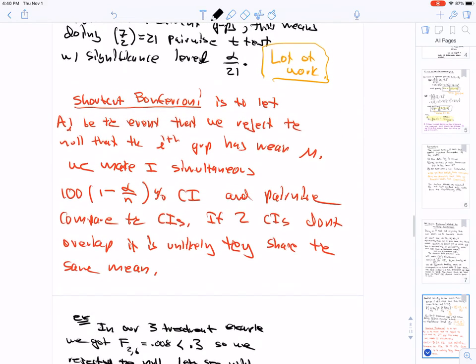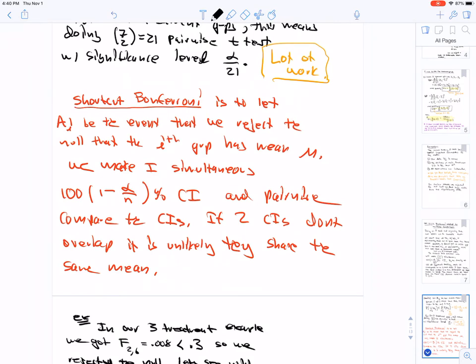So what I suggest we do is a shortcut Bonferroni method, which would allow us in this case to only calculate 7 confidence intervals. Here's how it goes. Let A_i be the event that we reject the null that the ith group has mean mu.